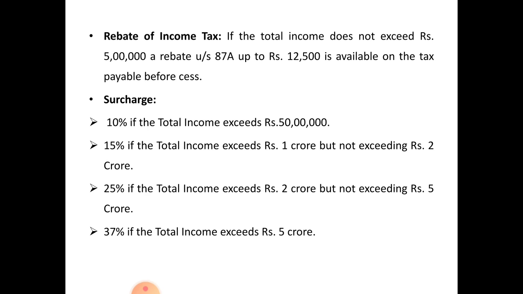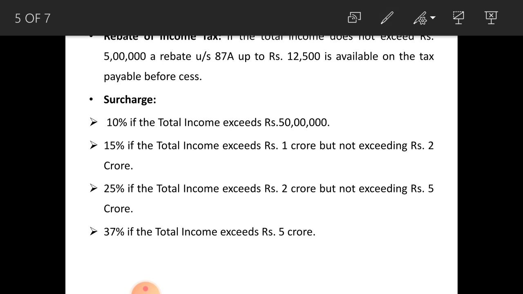You can deduct this rebate only if their income is below 5 lakhs rupees. So, rebate is mentioned under section 87A of the Indian Income Tax Act. As per this section, if the total income does not exceed 5 lakhs rupees, a rebate of 12,500 is available on the tax payable before cess.